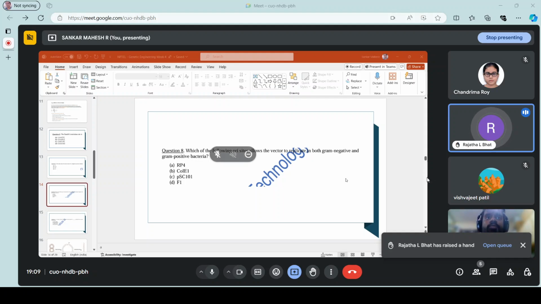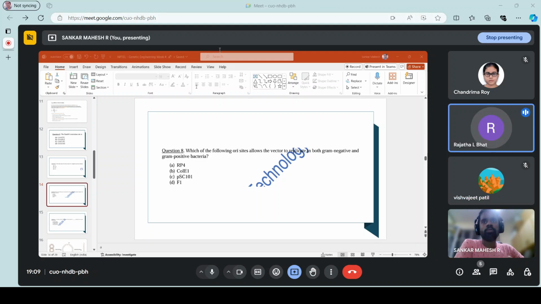RP4 is from the RP4 plasmid, which I guess is found in Pseudomonas species. Okay. And these are both gram positive and gram negative. You're saying Pseudomonas is both gram positive and gram negative, is it? No, no, I said RP4.